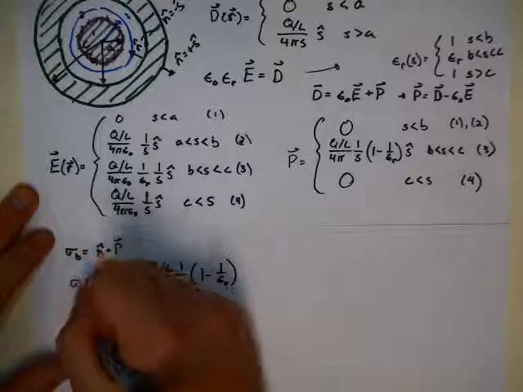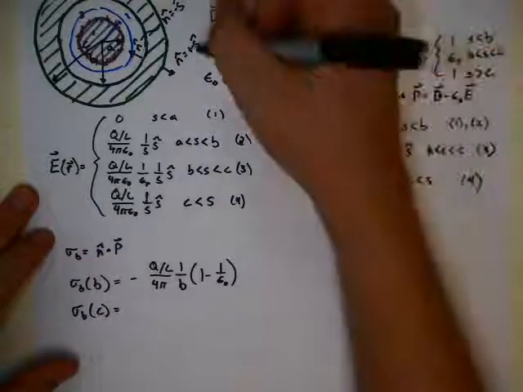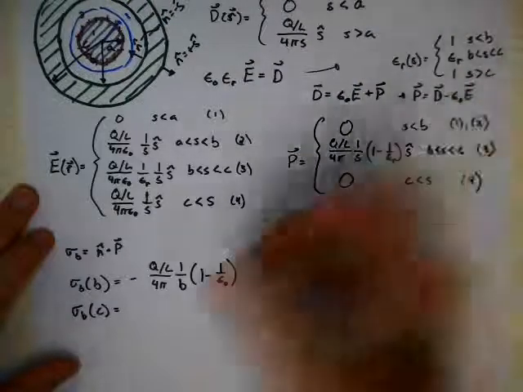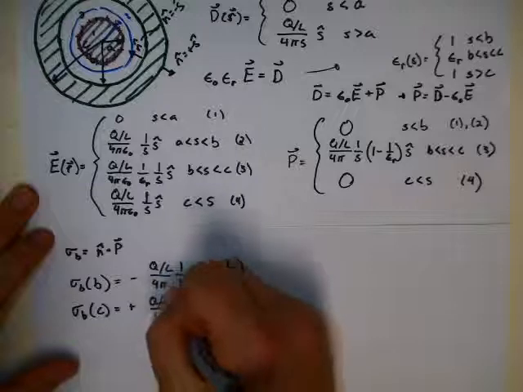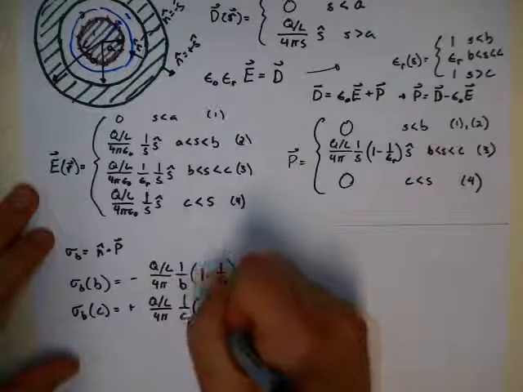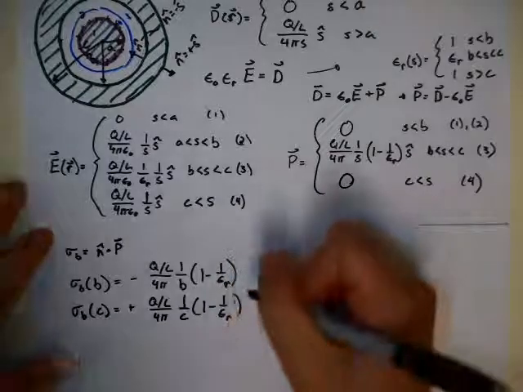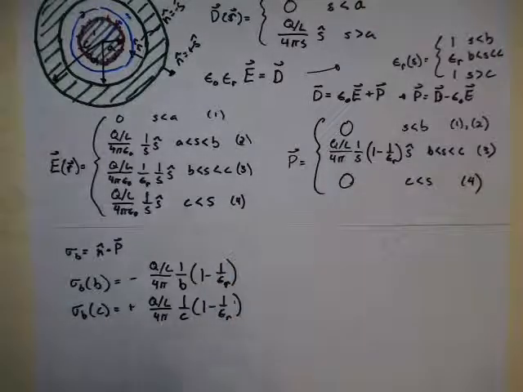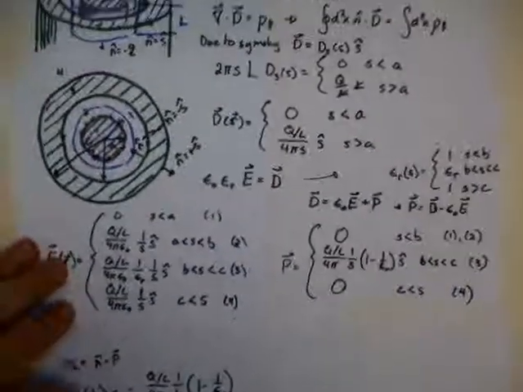And then sigma sub b on the outer surface is going to be positive, so I have a positive s hat dot s hat, and so that's a plus Q over L over 4 pi, 1 over C, in this case 1 minus 1 over epsilon r. And that is it.